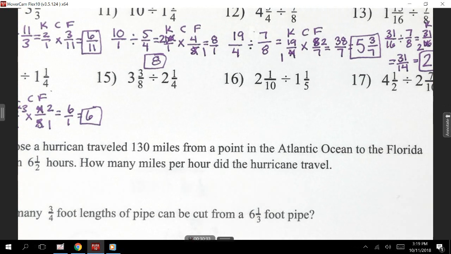All right, we're going to look at number 15. So again, the first thing we need to do is change these to be improper fractions.